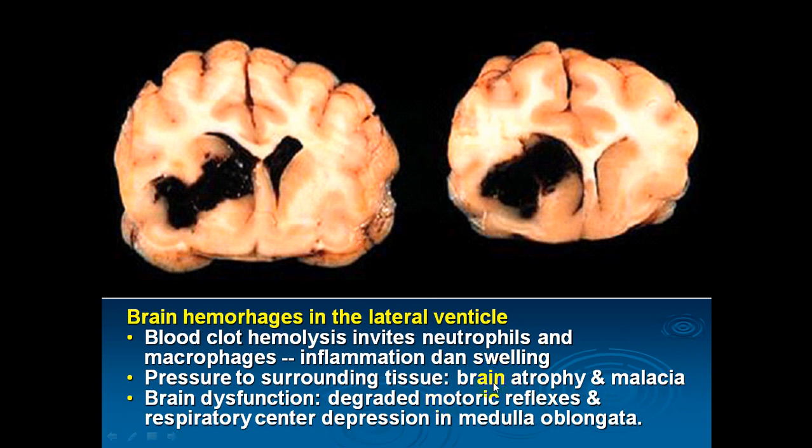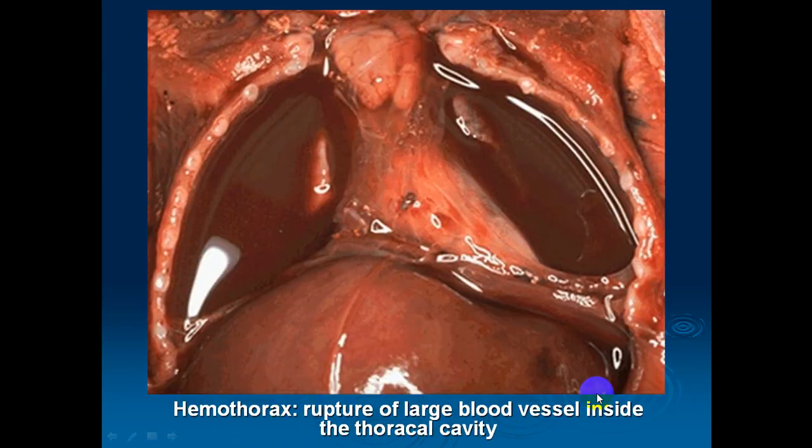For example, there will be degraded reflexes or depression of the respiratory centers in the medulla oblongata. It will be very harmful because it will lead to asphyxia and death. And this one is hemothorax, hemorrhage inside the thoracic cavity.